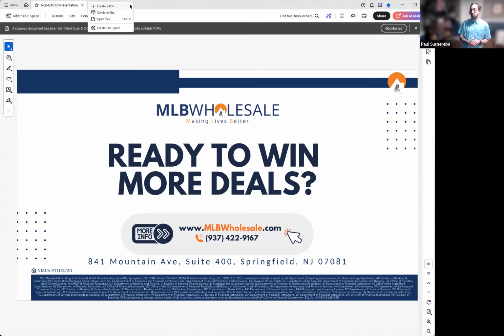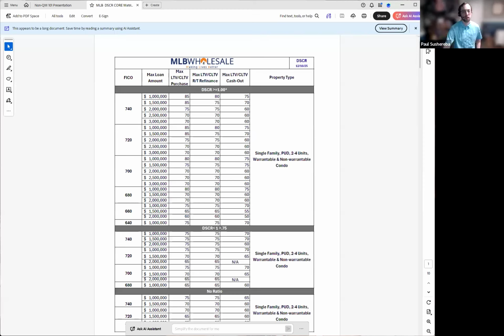Now keep in mind in non-QM, the matrix dictates everything. Let me pull this down for just one second, and I'll pull up one of our DSCR products. This is our DSCR core, so this gives you the maximum flexibility in a DSCR product. The matrix is really the key.